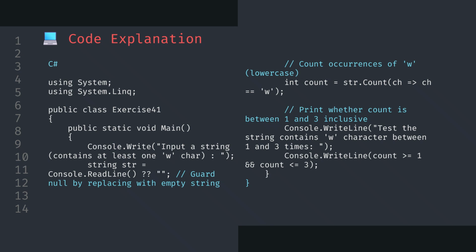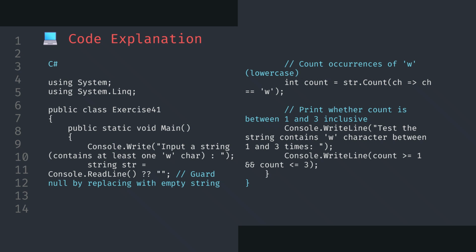Here's a simple, clear implementation. Read a line from the console and protect against a possible null ReadLine by using the null coalescing operator to default to an empty string. We then use LINQ's Count with a lambda to count exactly the lowercase w.